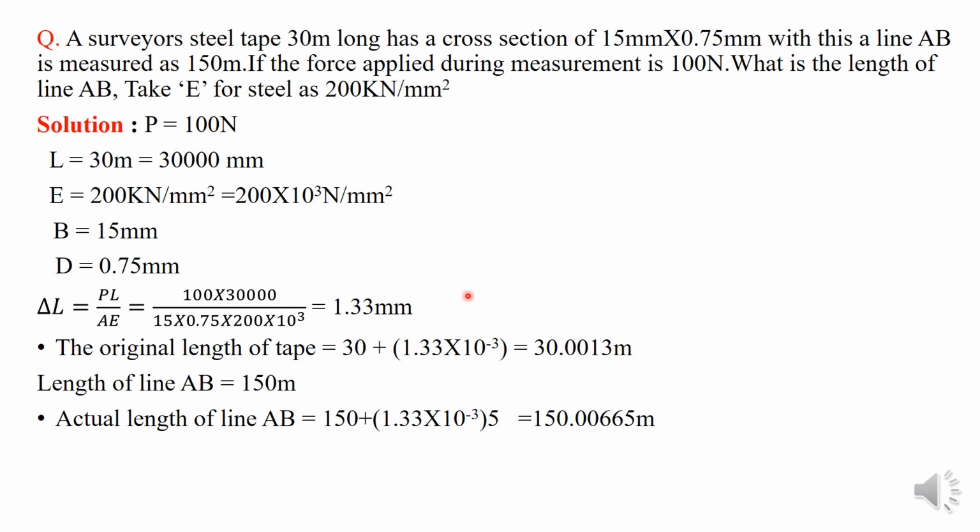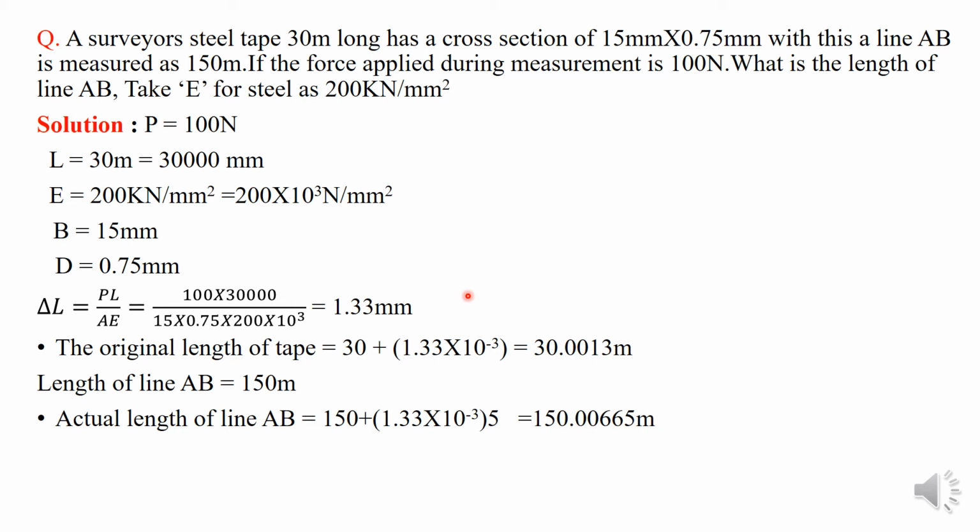That is the load which is applied for measuring a line AB, which initially we obtained as a length of 150 meter. That means a surveyor's steel tape having a length of 30 meter is used for measuring a line AB, and the measurement we obtained is 150 meter.